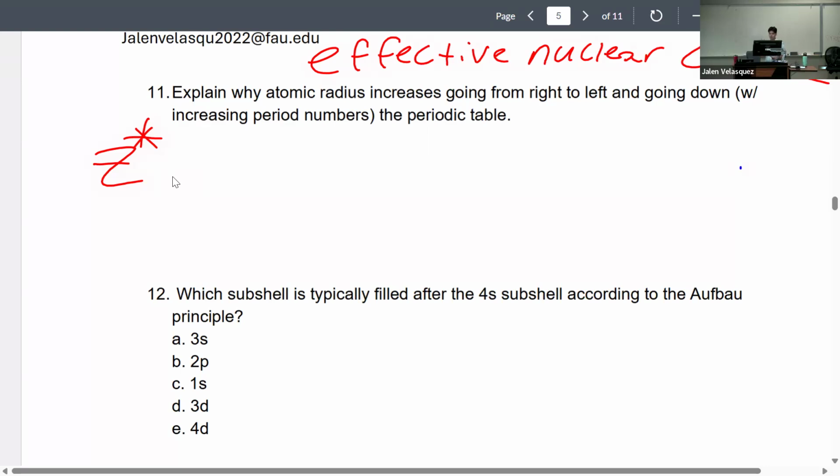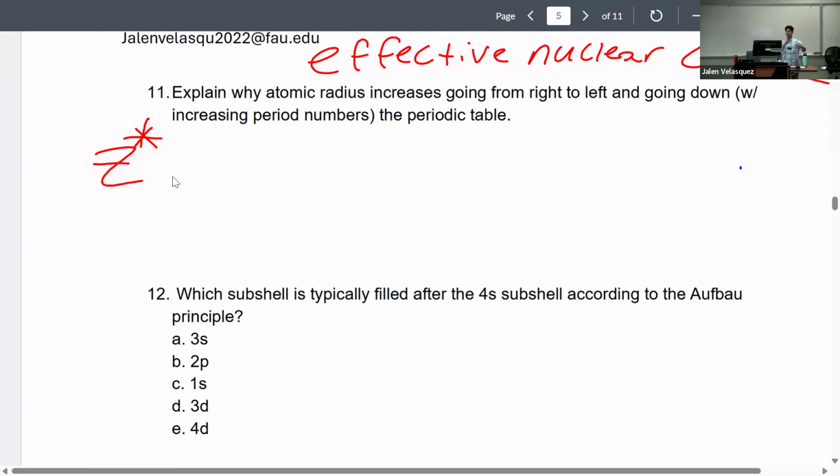Right? So as you're going to the right across the periodic table, the atomic number is increasing. So that means we have more protons, right? If we have more protons, which are positive, it's going to more strongly attract those negative electrons outside. So we have more attraction. Think of the left side: there's weak effective nuclear charge, so the electrons are out here.